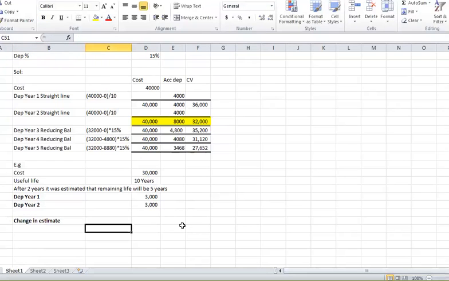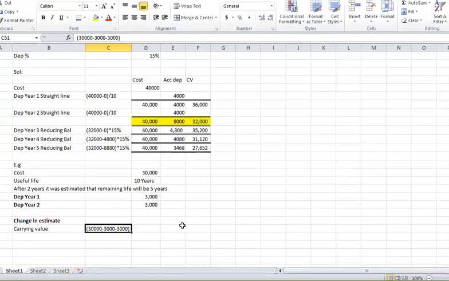So whenever there will be change in estimate, first of all, we need to calculate the carrying value. So what is the carrying value? What was the total cost of this asset? Total cost of this asset was 30,000 pounds minus accumulated depreciation. We have charged depreciation of 3,000 pounds in the 1 year and 3,000 pounds in the next year.